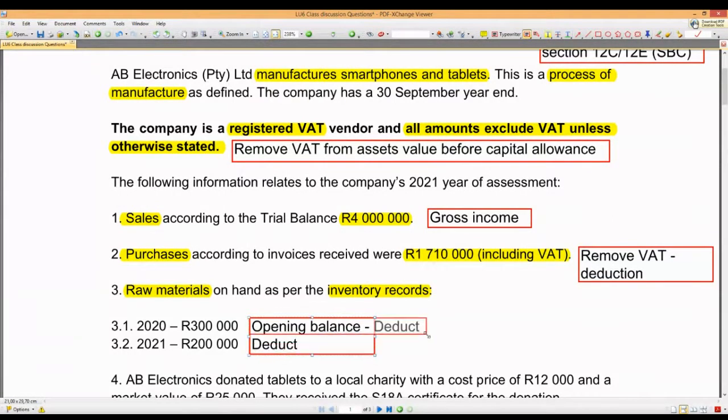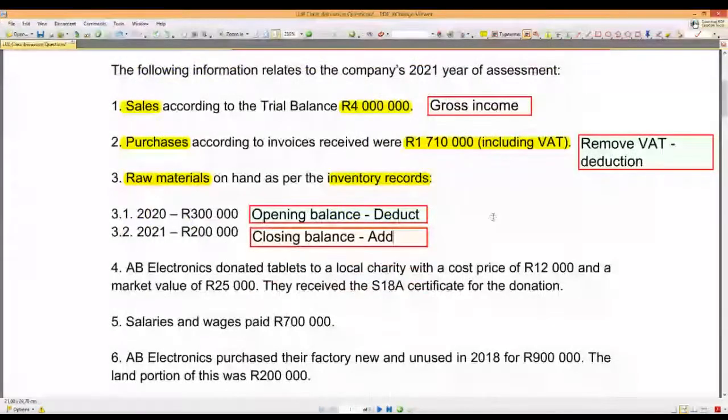So this is part of a deduction, whereas our closing balance, we would add it back in our calculation. Okay, so that is important to note: what amount you will deduct, which one will you add back?